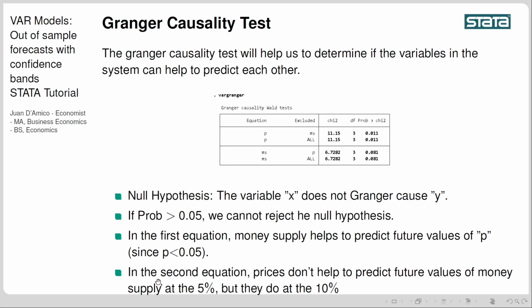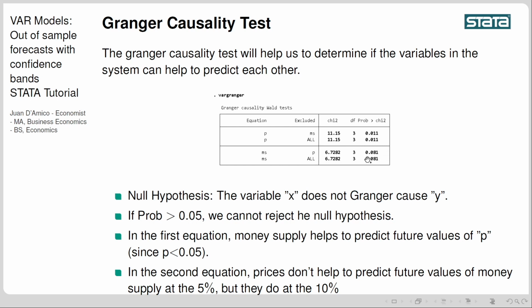Now we can see in the second equation that prices don't help to predict future values of money supply at the 5%, but they do at the 10%. All right, we have prices. They don't help to predict money supply at the 5% level because 0.08 is bigger than 0.05, but at the same time, 0.08 is smaller than 0.1, right?